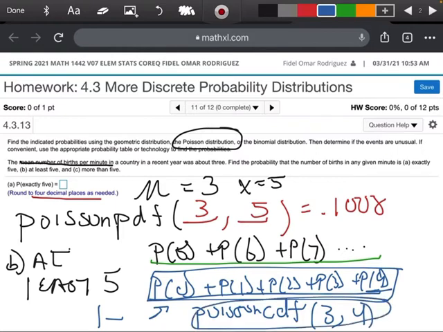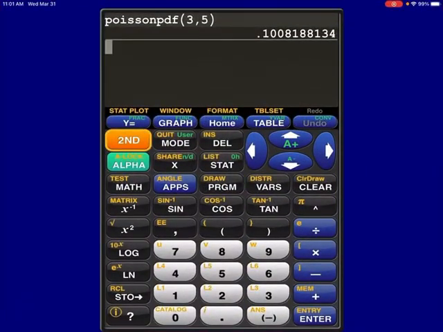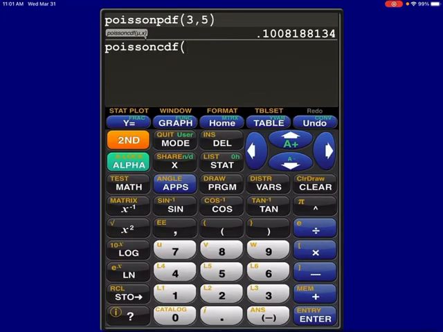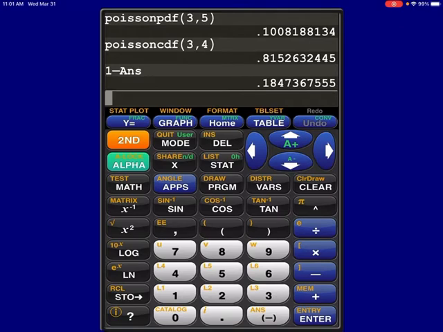And then once I find this answer, I'm going to take 1 and I'm going to subtract that answer, okay? So let me walk you through this process again. I'm going to come back to my calculator, and I'm going to go second vars. Now I'm going to do Poisson CDF. It's the last one. It's choice C for me, okay? I'm going to put 3, 4, okay? And now I need to do 1 minus that answer. So I'm going to go 1 minus my answer, and I'm coming up with something like 0.1847.